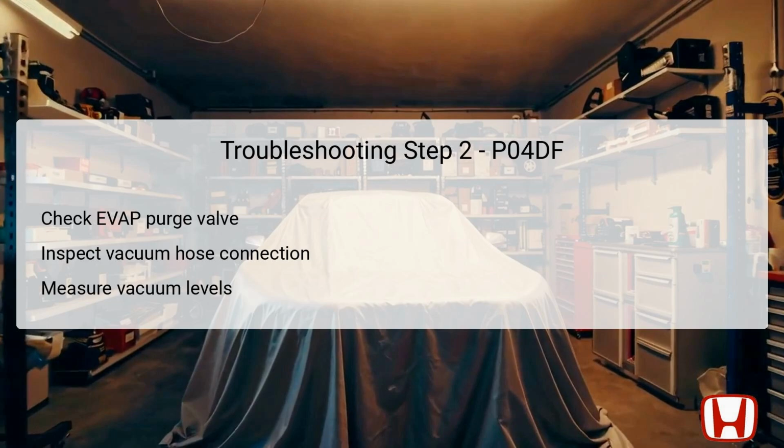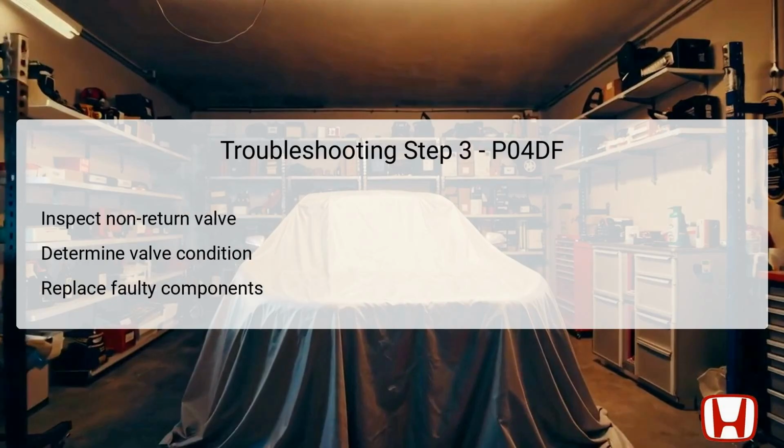Apply approximately 2 kPa, which is about 0.6-inch mercury, to the EVAP canister purge valve while closely monitoring the vacuum levels. If the valve holds the vacuum steadily, it suggests that the valve is operational and you can proceed to the next step. However, if it fails to maintain vacuum, the purge valve must be replaced as it likely contributes to the high purge flow detected in the system.